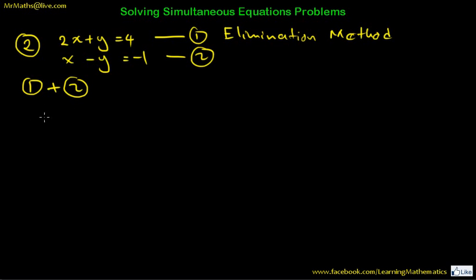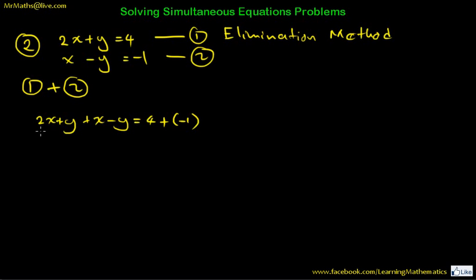So left hand side equation 1 is 2x plus y, and the left hand side equation 2 is x minus y. So that is equal to 4 plus minus 1. So plus minus 1 is actually plus minus 1. What the hell am I talking about? Well, pardon my French. 4 plus minus 1 is equal to 4 minus 1.